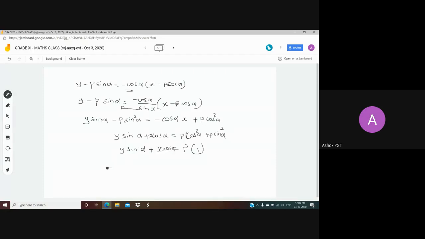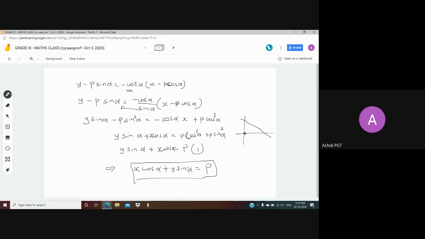So this can be rewritten finally as x cos alpha plus y sin alpha is equal to p. So what are the parameters given in the question?